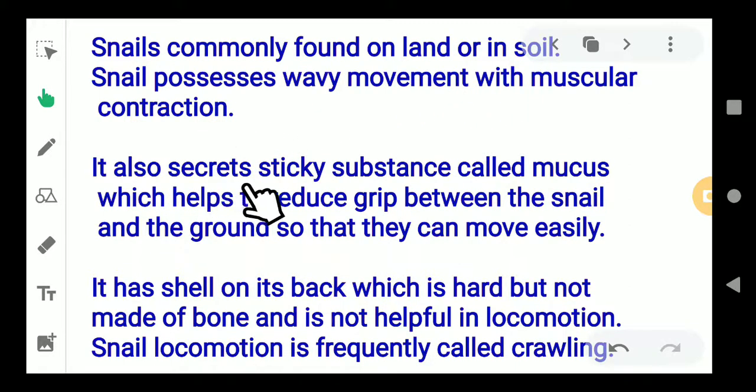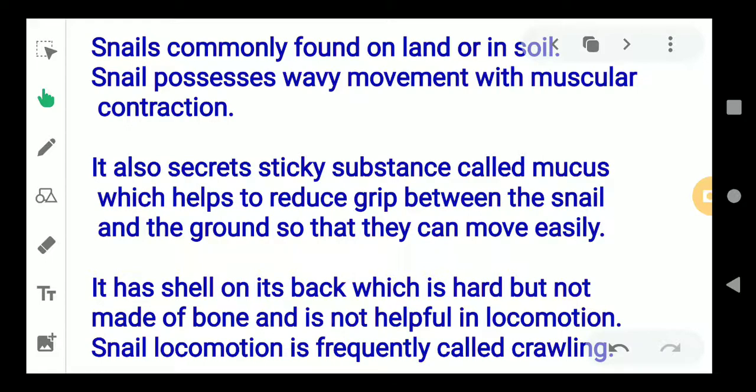The body of a snail produces a sticky substance called mucus. This mucus helps to reduce the grip between the body of the snail and the ground so that they can move smoothly and easily.